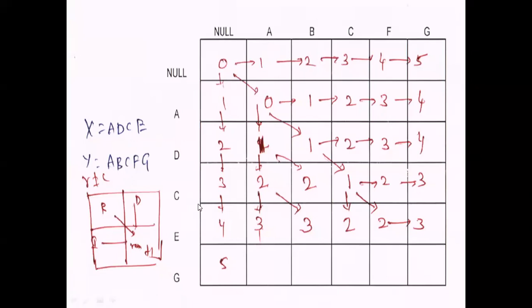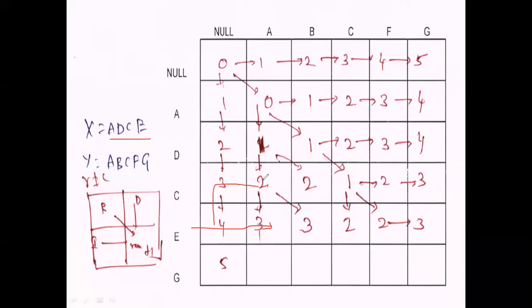The first one is E. ADCE, ADC is converted into A. Here E is not equal to C, that is row not equal to column, so we consider the minimum value.